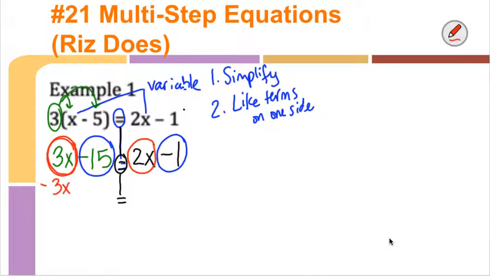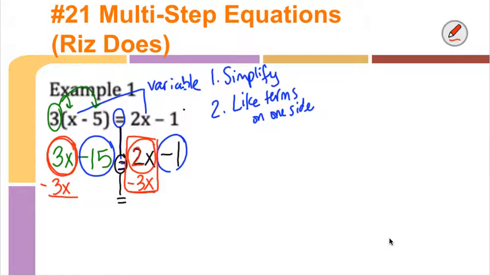That means that I just got rid of it on this side. But if I get rid of it on this side, I have to get rid of it on the other side. Now notice, I'm not putting a negative 3x here, right? That's not what you want to do. You want to keep your like terms together.